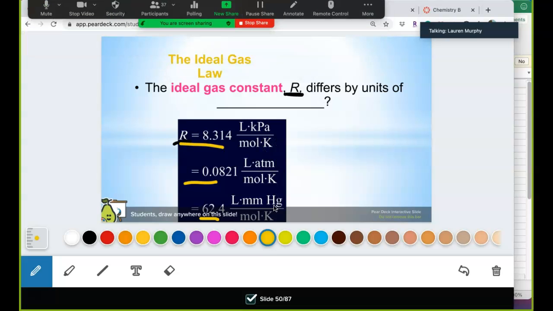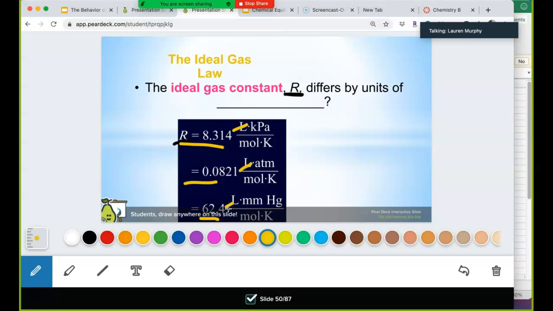by one kind of unit. So look, they all have liters in them, right? What else do they all have that's the same? Moles, right? Moles, moles, moles. What else do they all have that's the same? Kelvin, Kelvin, Kelvin. So what is the difference? It's the unit for who? Kilopascals, atmospheres, and millimeters of mercury measure what?